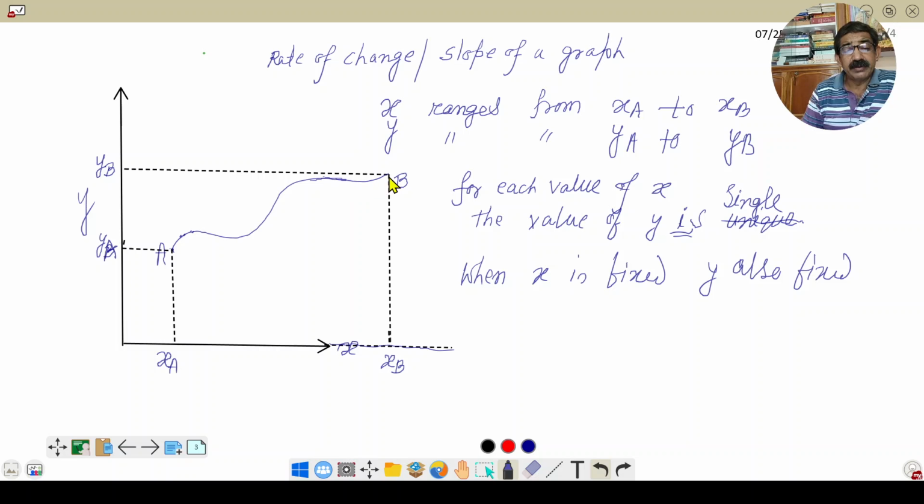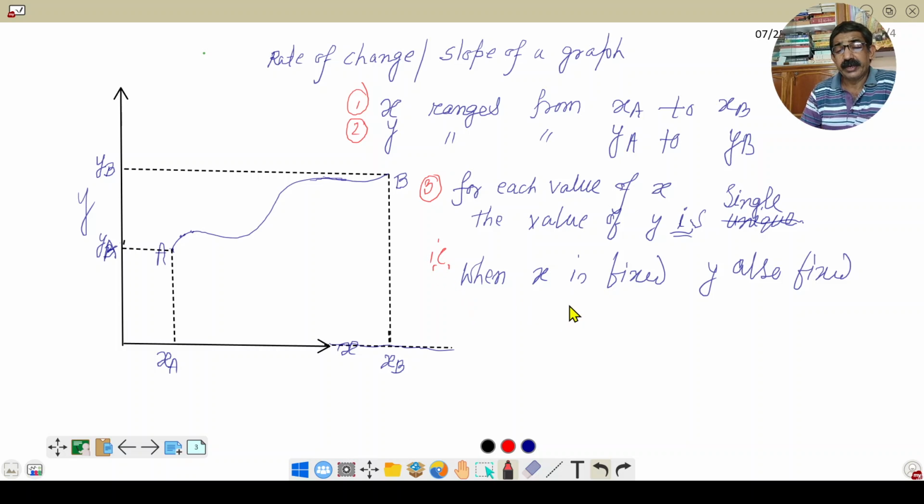Only one curve is given here, and in this curve x changes from xa to xb, and y changes from ya to yb. And the third information, what is it? Number one, x ranges from xa to xb. Number two, y ranges from ya to yb. And number three, for each value of x, the value of y is single.